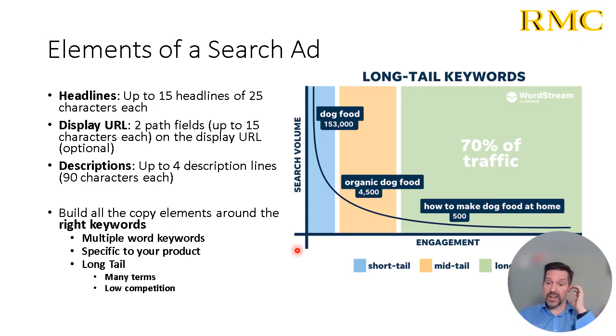So you want something that is more narrow and unique, that is going to match as closely as possible the product or service that you're going to offer. Okay, that's going to ensure two things for you. One is that you have less competition. The more specific your keyword is, the fewer people are going to be interested in that keyword, typically, right? And because of that, you're going to have to pay less for that.